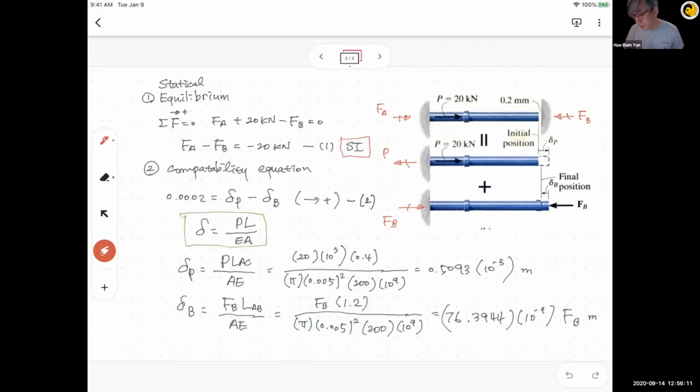So if I ask a statically indeterminate problem, I ask all the materials in chapter 4. That's why I'm saying that you will definitely see the statically indeterminate problem in exam 1.